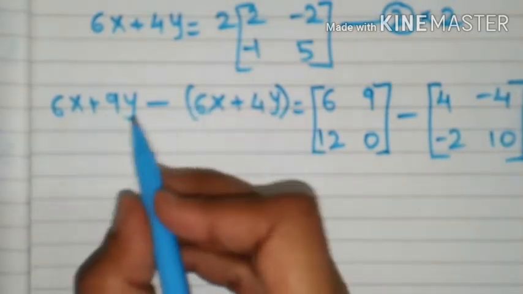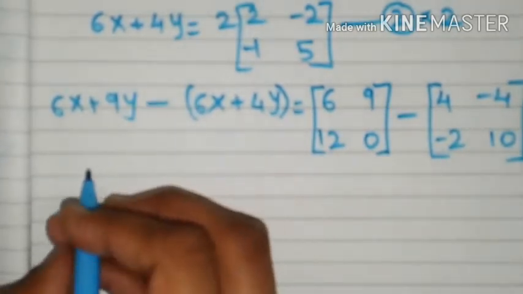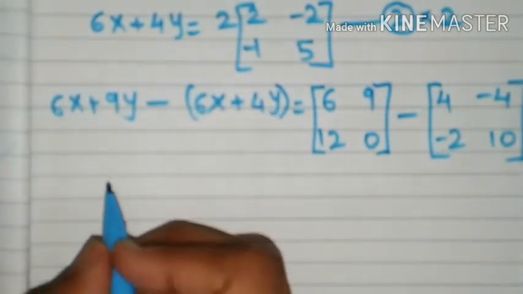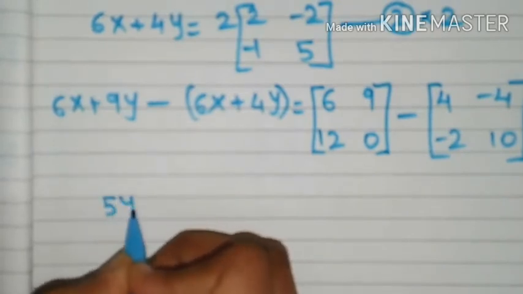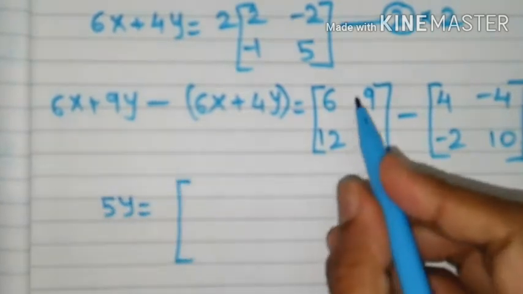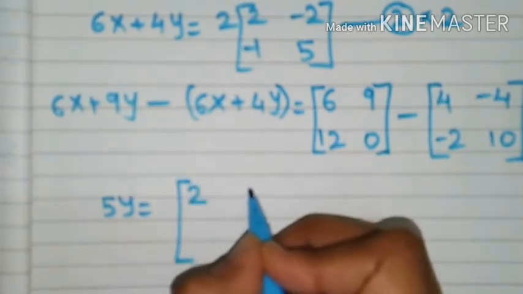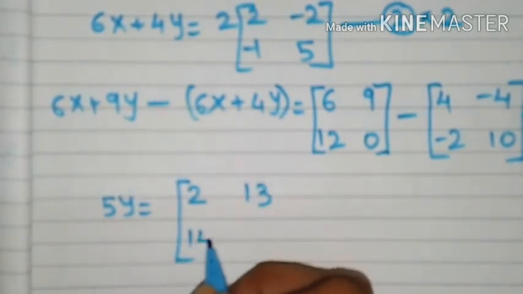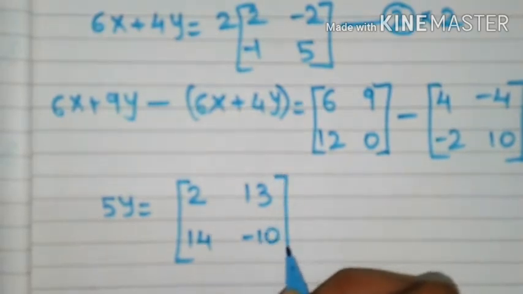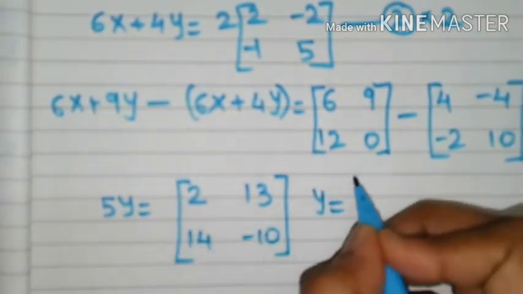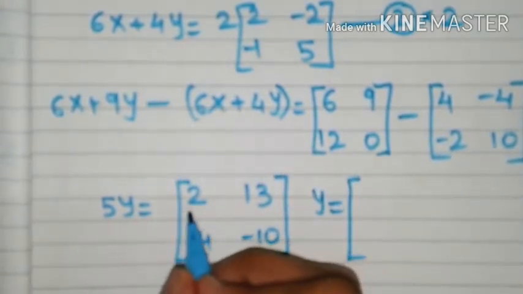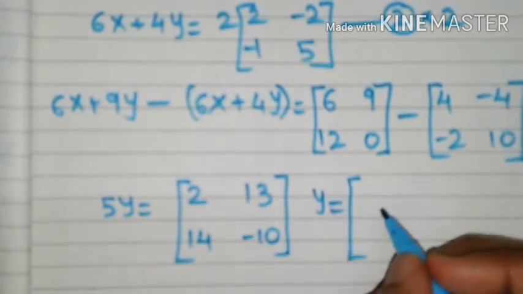Now I open the brackets. 6x and minus 6x will get cancelled and I will get 5y. Let me subtract the right hand side matrices. So I'll get [2, 13, 14, minus 10]. Now let me bring the 5 on the other side and divide each and every element of the matrix by it.